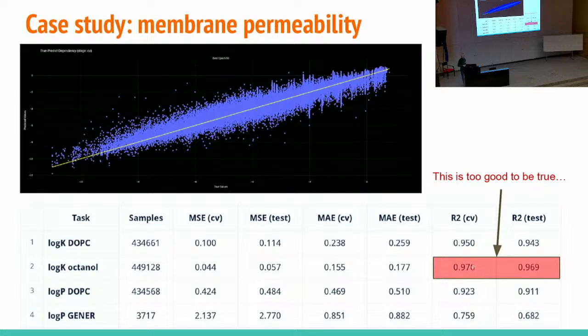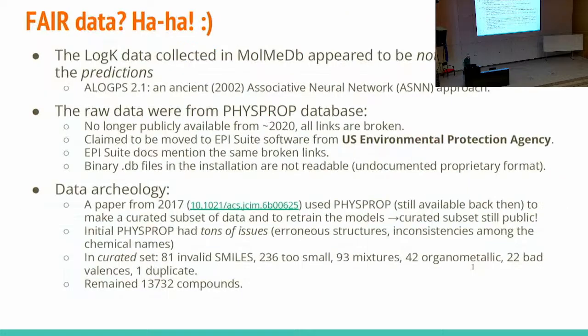Because all the other models in the literature are below this by a large margin. So of course we are smart, but we don't believe that this is true. So we tried to understand what's going on, and we immediately found that there is a problem in the data. Most of the time, if you see an artifact like this, it's either overfitting, which is not the case, or it's a problem in the data. What was available in the MolMeDB appears to be not the raw data, but predicted data.